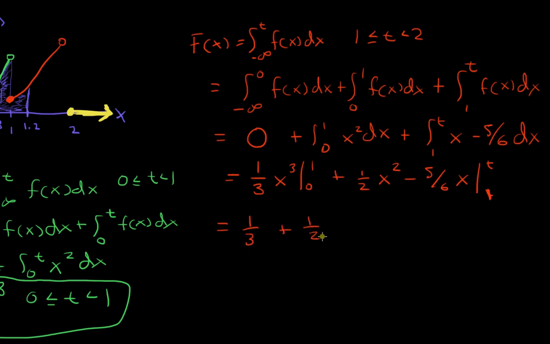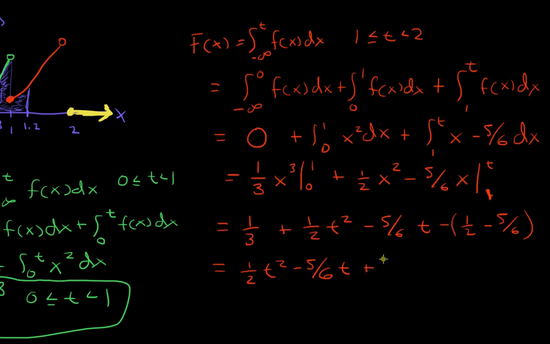Plus 1/2 t squared minus 5/6 t minus 1/2 minus 5/6. Okay, go ahead and write this in order and bring your like terms together. So we have plus 1/3 minus 1/2 plus 5/6. Get least common denominators to add those fractions.